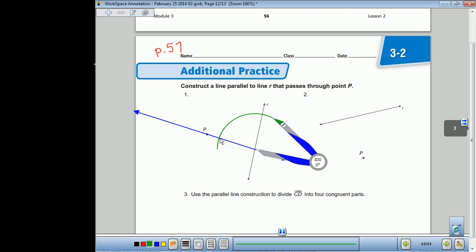Make sure it goes through the new transversal line you just drew and the old line that was already there. Now, do not adjust your compass. You're just going to slide the pointy end over to P and make another big arc.